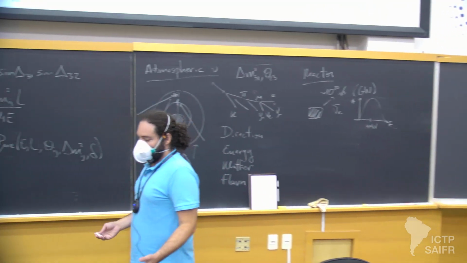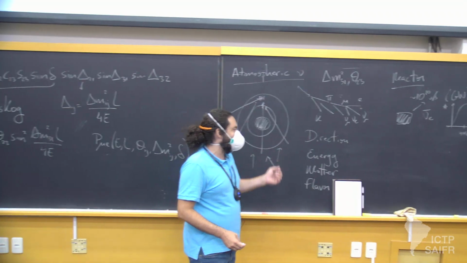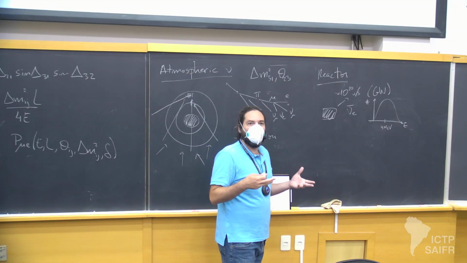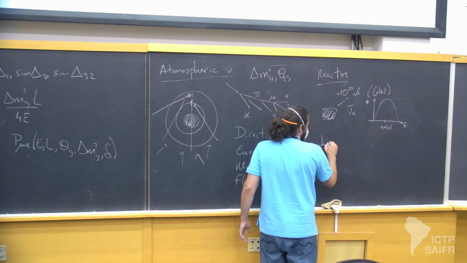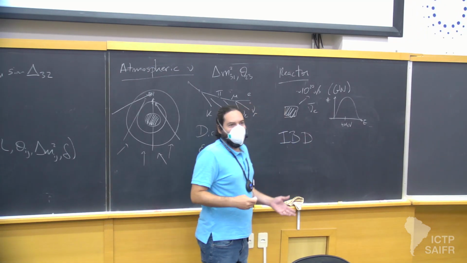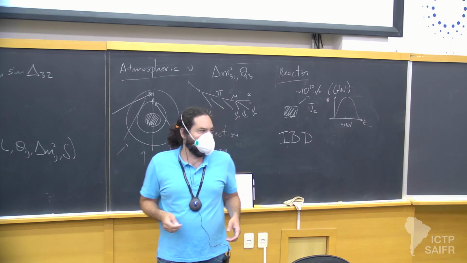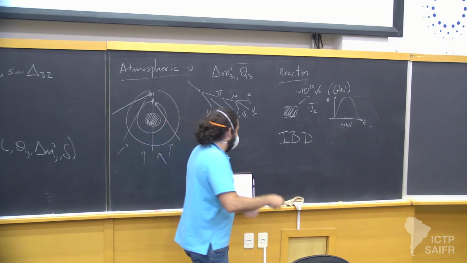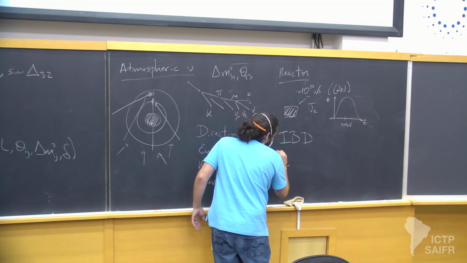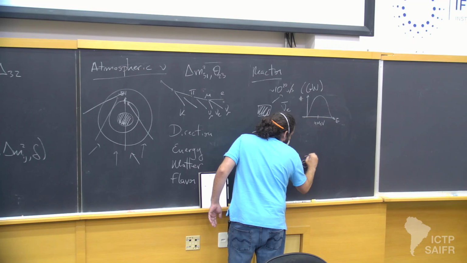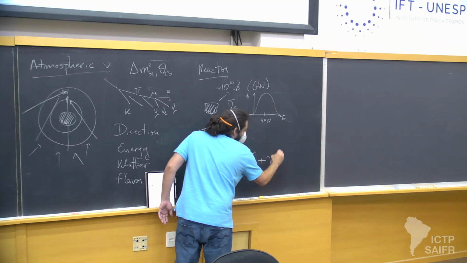So what you do is that you detect these with a very important reaction for neutrino physics, the inverse beta decay. So beta decay is neutron decay to neutrinos and stuff. In inverse beta, the neutrino gets absorbed and generates stuff like this: nu e bar, proton to e plus, neutron.